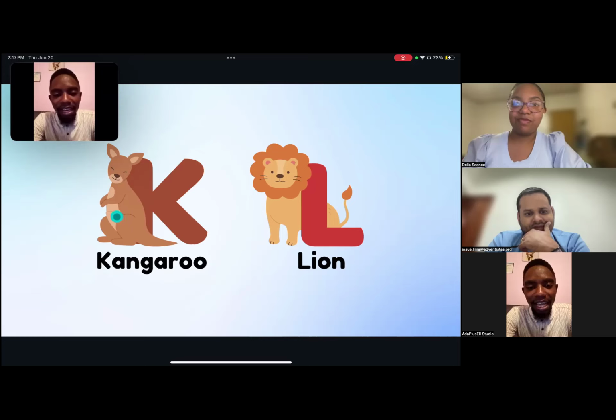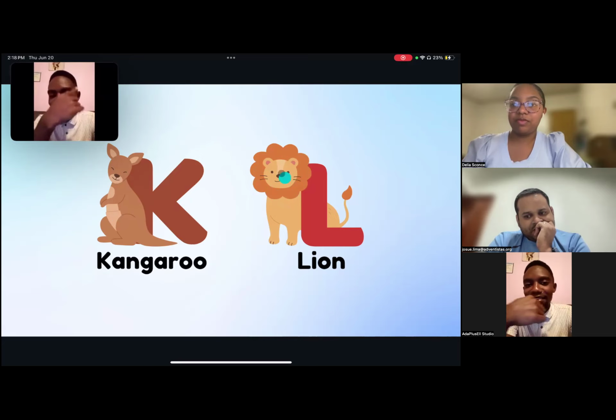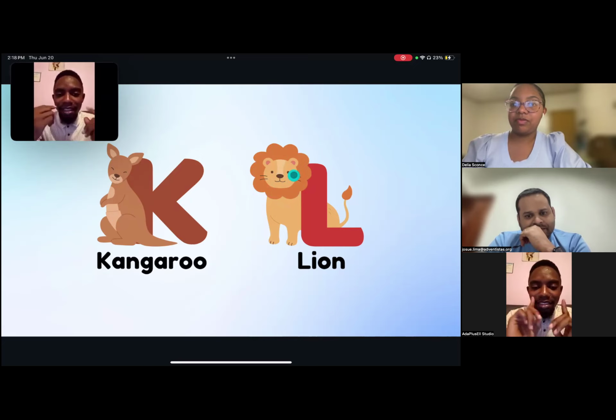And aside it, we have a lion. Yeah, a lion, and you can see it's so hairy, and then it has like a cat face. The face is a bit round, and then it has these long hairs. What do we call them?